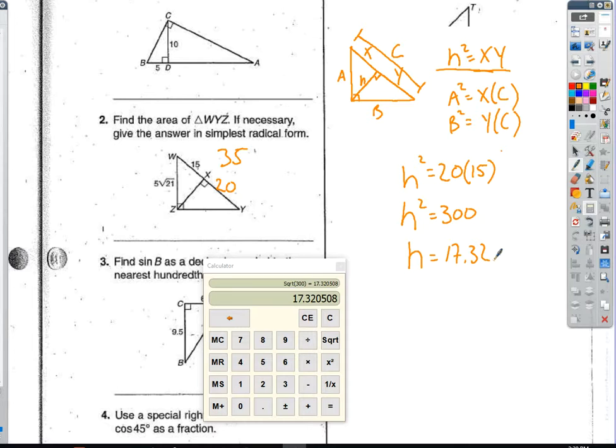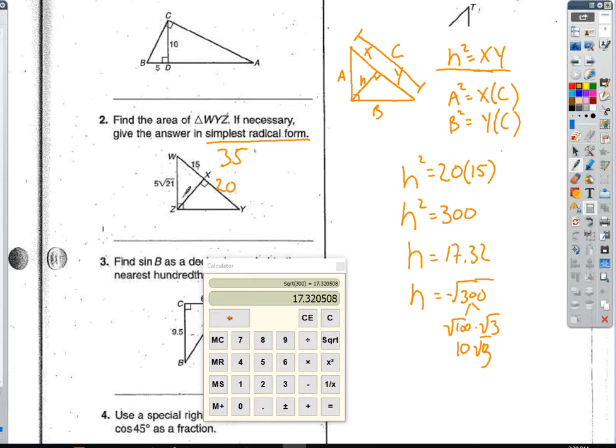But wait! I can't use a decimal. It says simplest radical form. So h is equal to the square root of 300. I know this can be broken down into the square root of 100 times the square root of 3. The square root of 100 is 10, so we have 10 root 3.